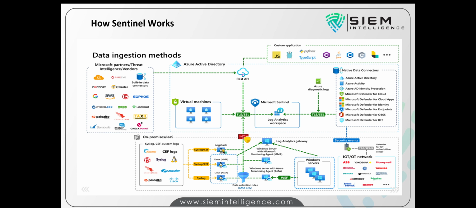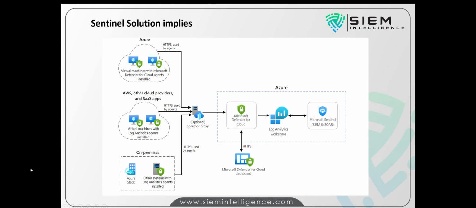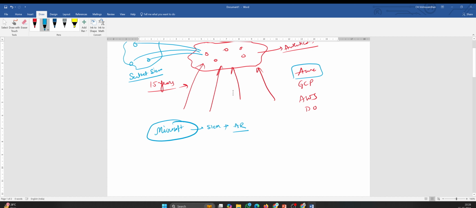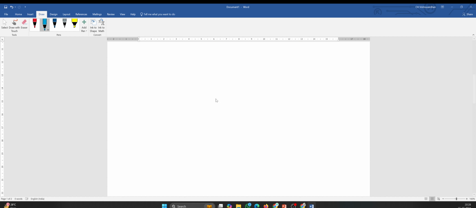Now, once we are getting this many logs, how many logs do we generally see? Let's say we have a thousand different log services or data connectors. If we forward these many data connectors to a SIEM solution, we may get lakhs of logs, or millions.